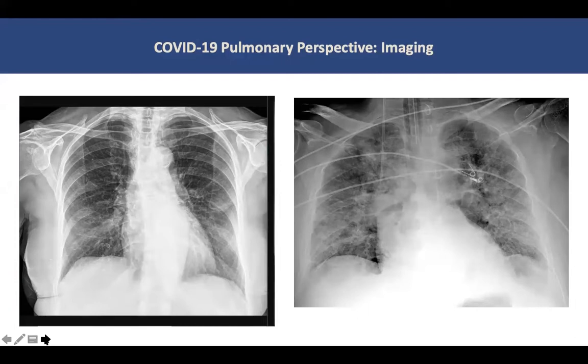On the right-hand side, the situation is much more dismal. The patient is intubated, has a central line, and as you see, there are diffuse patchy pulmonary infiltrates bilaterally, very much diagnostic for ARDS, acute respiratory distress syndrome, particularly if the patient is not in heart failure. Next slide, please.